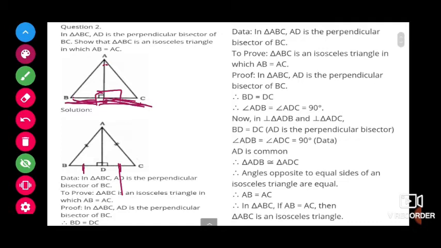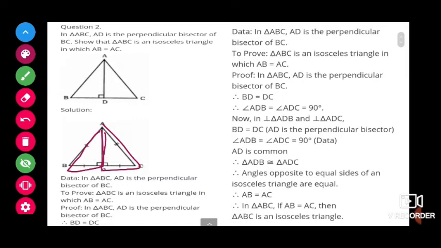The given information is that AD is the perpendicular bisector, which means it will cut the given side into two equal parts by making 90 degrees, and this side and this side will be equal. Here the angle will be 90. Now children, to show that these both are equal, we have to show that the triangles ADB and ADC are equal.